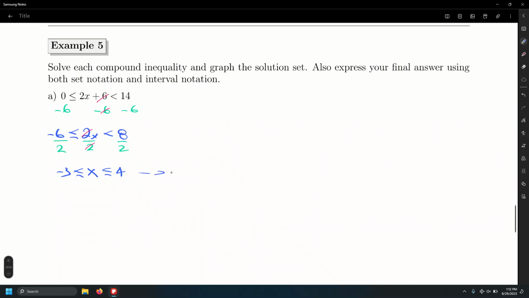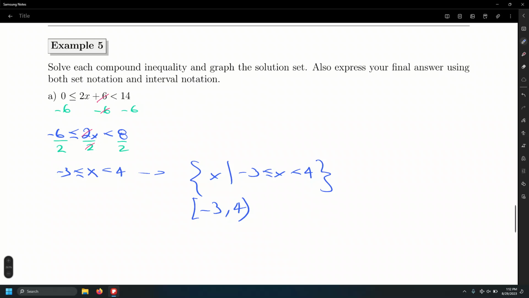So that means x such that, and just copy and paste: negative 3 less than or equal to x less than, actually just less than here, 4. And using interval notation, just write down the endpoints, negative 3 and 4, brackets for negative 3, parentheses for 4, and the reason for that is that we have the equal part for negative 3, and here we don't have the equal part.